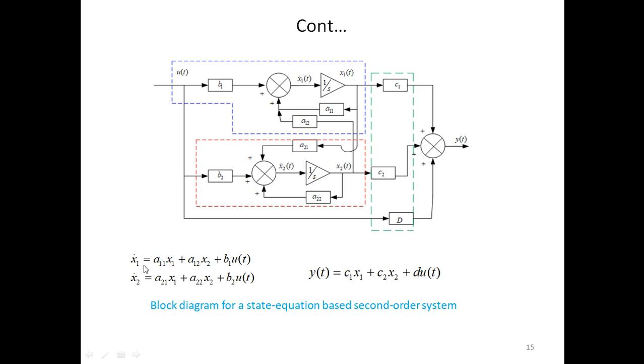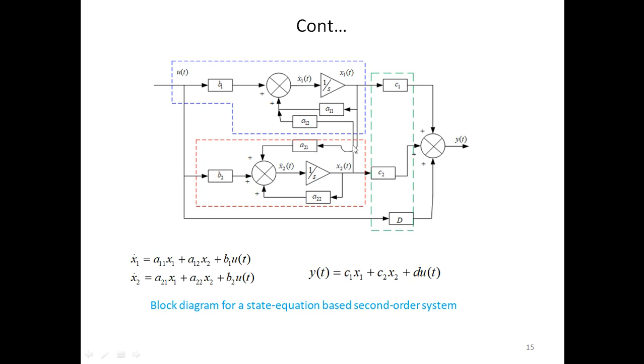Now we consider the first equation, x1 dot t equal to a11 x1 plus a12 x2 plus b1 ut. Here is the summer, so x1 dot t equal to what? x1 is sensed from here and a block of gain a11 is connected to the summer, so this would be a11 x1 plus a12 x2.